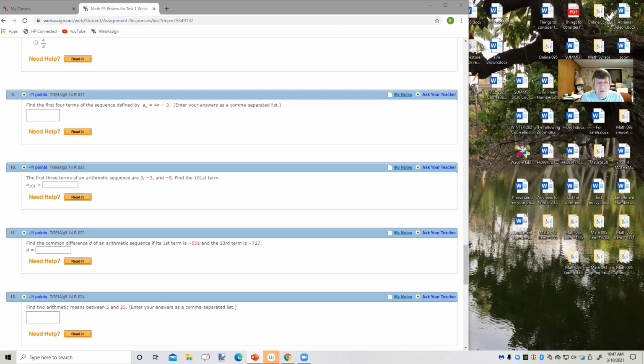Okay, so this is not the general arithmetic sequence, and it's not the general geometric sequence. It's just a specific sequence that they're giving us. So to find the first 4 terms, we want to find a sub 1, a sub 2, a sub 3, and a sub 4.